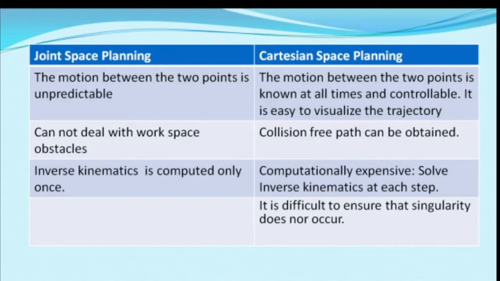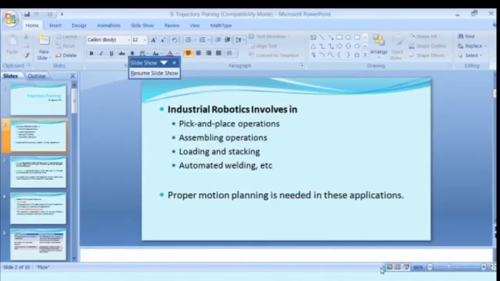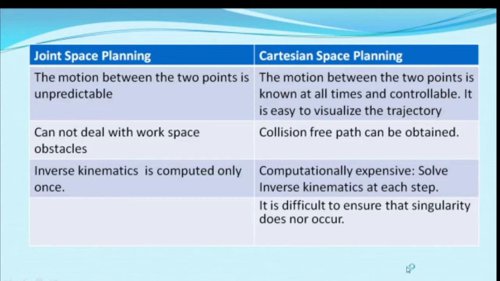While in case of Cartesian space planning, the motion between two points is known at all times, can be controlled, and can also be visualized. Second point, joint space planning can't deal with obstacles present in the workspace because motion is unpredictable. While in case of Cartesian space planning, a collision-free path can be obtained.